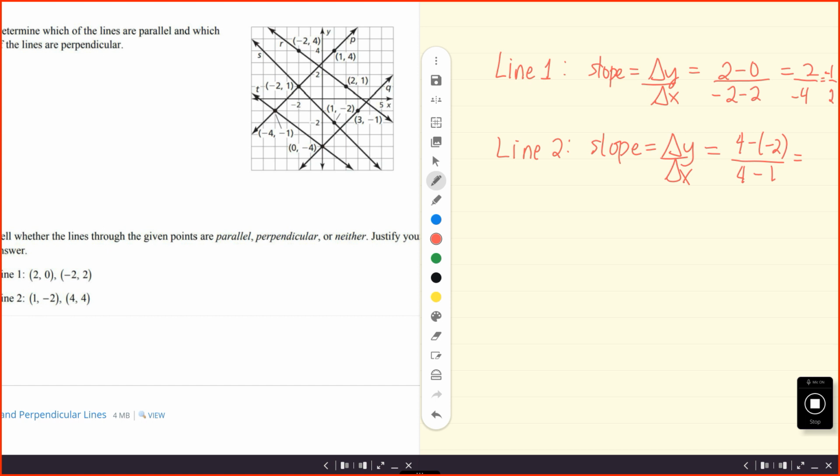It would be 6/3, which turns out to be 2. Okay, so what conclusion can we make out of -1/2 and 2?